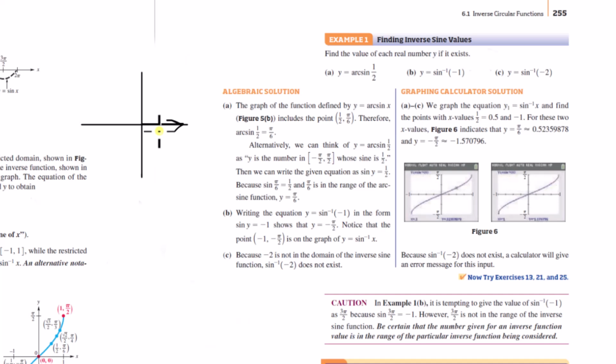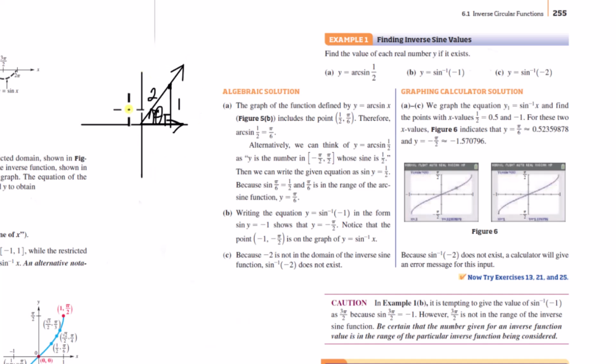In that case, we know that sine is positive in quadrant 1, negative in quadrant 4. So we know we're going to be somewhere in quadrant 1. So we're looking for, what is this angle theta? The sine of this angle is opposite over hypotenuse, so we're going to have 1 over 2. Now, do we need to put this into our calculator, or can we do this manually?